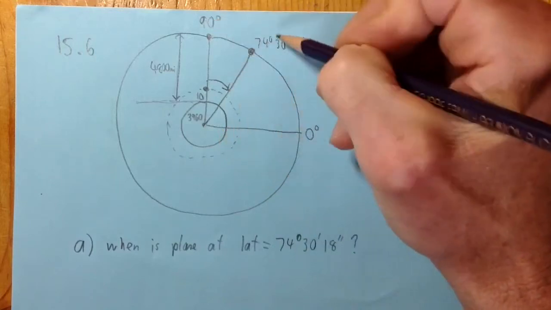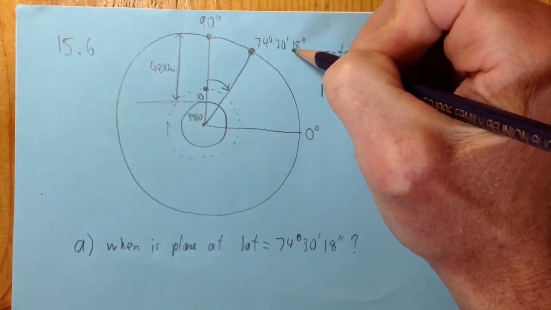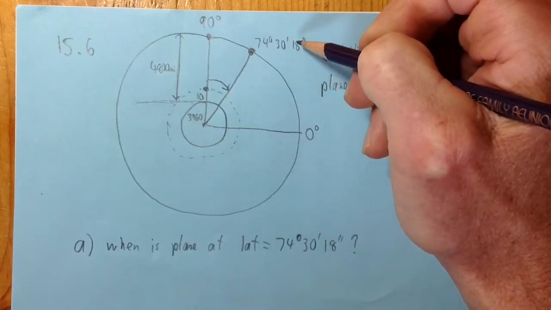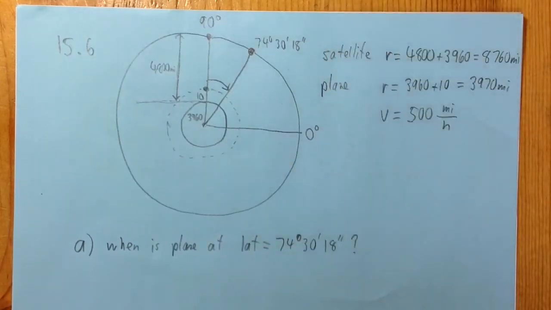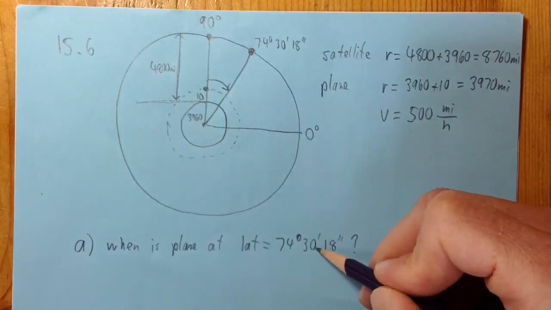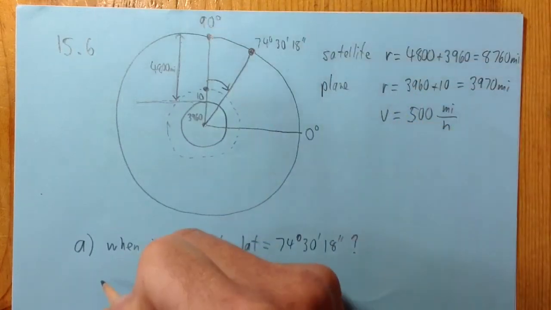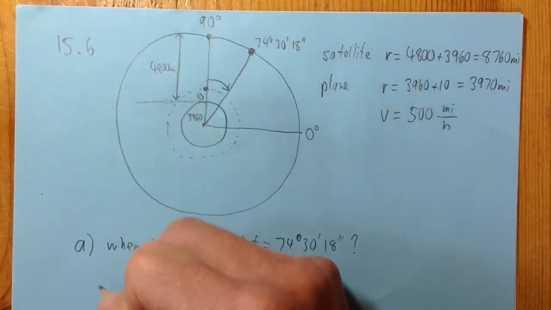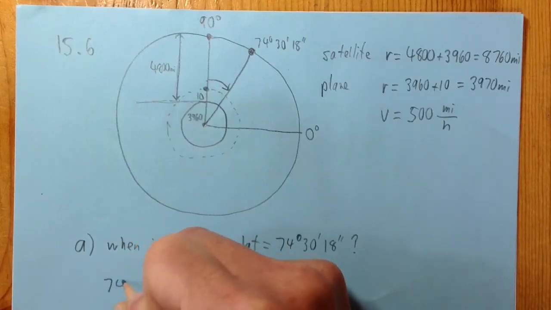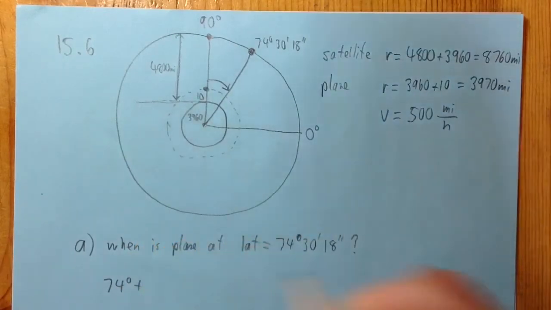So that angle there is 90 minus this, which is kind of hard math if it's all in degrees, minutes and seconds. So let's change the 74 degrees and so on to regular old degrees, and then we can subtract it from 90. So it's 74 degrees plus 30 minutes.